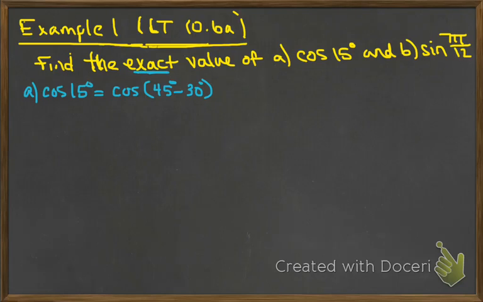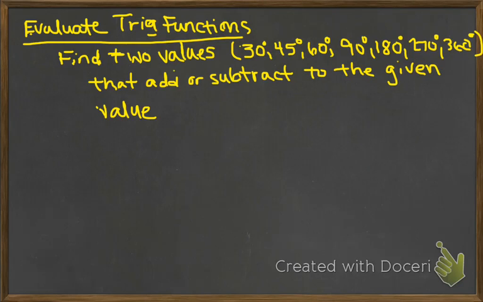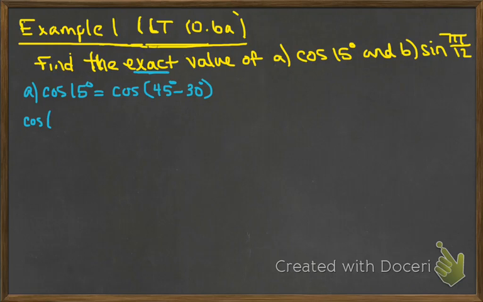And the cosine of a subtraction says that the cosine, so we'll just go back here and look at that, the cosine of, they use u's and v's, u plus v equals the cosine of the first times the cosine of the second minus the sine of the first, sine of the second. So let's apply that to here.